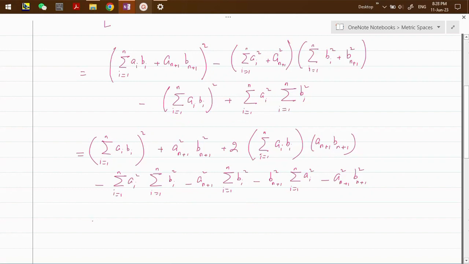We write it summation i from 1 to n (ai bi) whole square plus summation i from 1 to n ai square into summation i from 1 to n bi square.